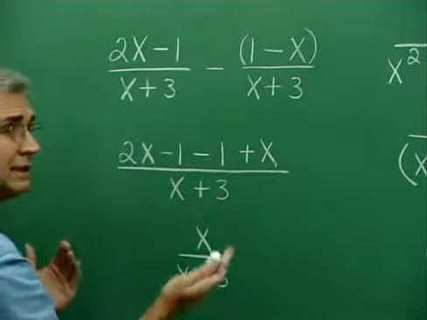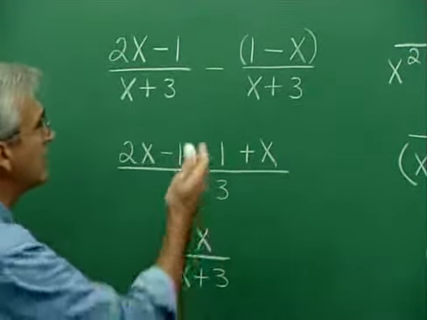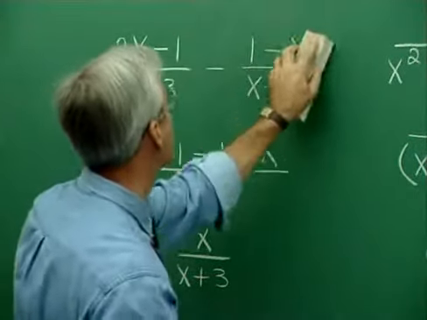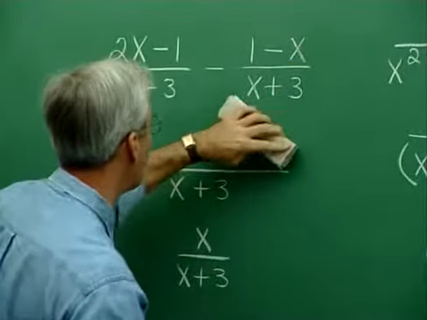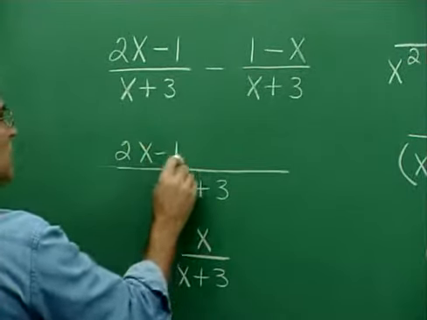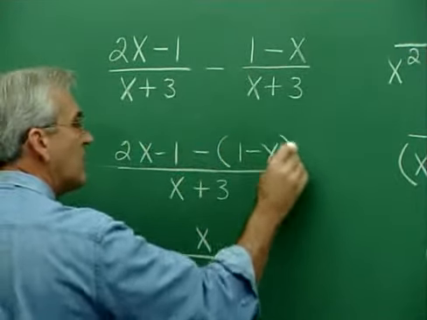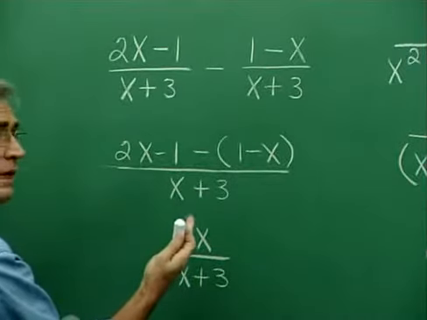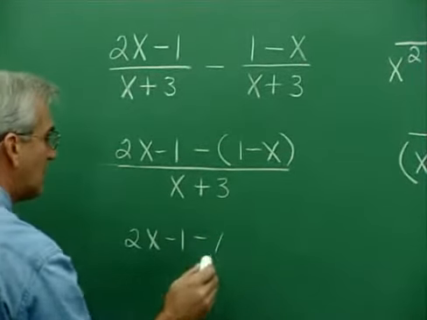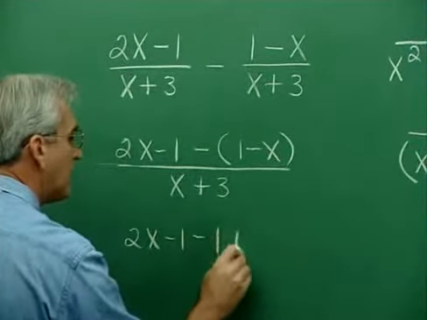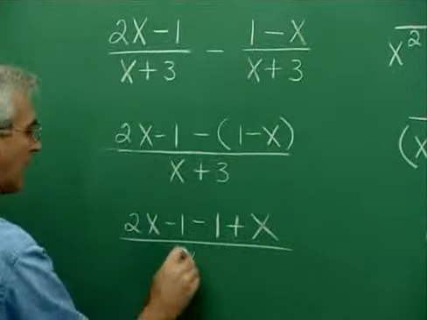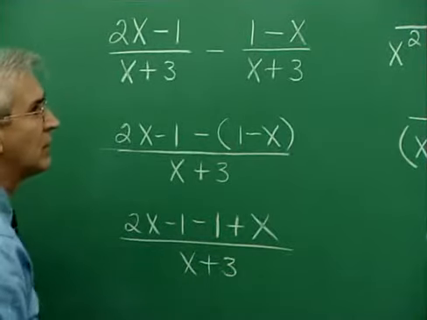And now we would be collecting like terms. So be very cautious in this circumstance when you have a minus sign. In fact, you can set it up a lot of different ways to be successful, but just take a lot of care with it. Another way to set it up is to say, okay, I've got the 2x minus 1, and I'm going to subtract the 1 minus x. Just burn a step to show what you're doing here, and then in the step after that, you would have the 2x minus 1 minus another 1, and then plus x, for the numerator, and then the denominator x plus 3, and then collect like terms, and you have your answer.